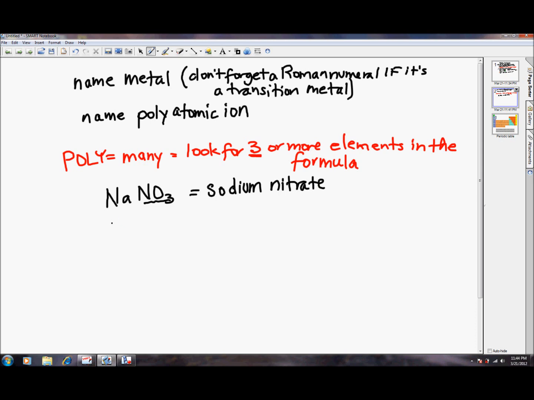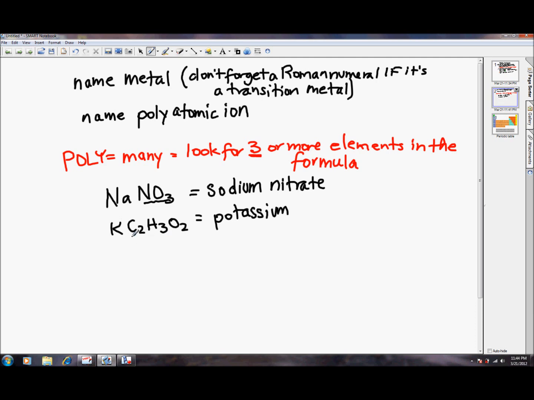Okay, let's look at some ones that are a little trickier. Okay, and you look at this and you go, whoa, there are 4 different symbols, K, C, H, and O. I know there's got to be a polyatomic ion in there. That's a lot of atoms, a lot of different kinds of elements. Okay, look here at the beginning and say, okay, this is K. I know K is potassium, so that has to be the metal part of the compound.